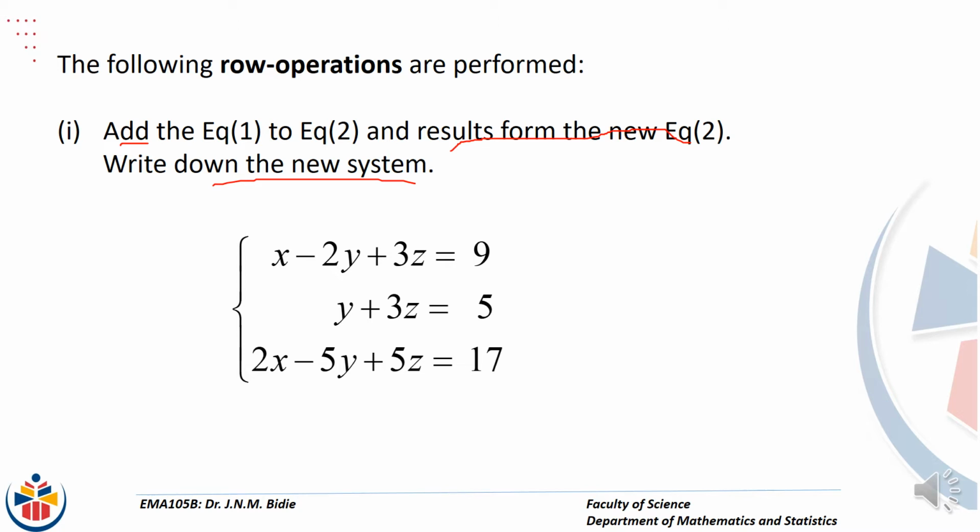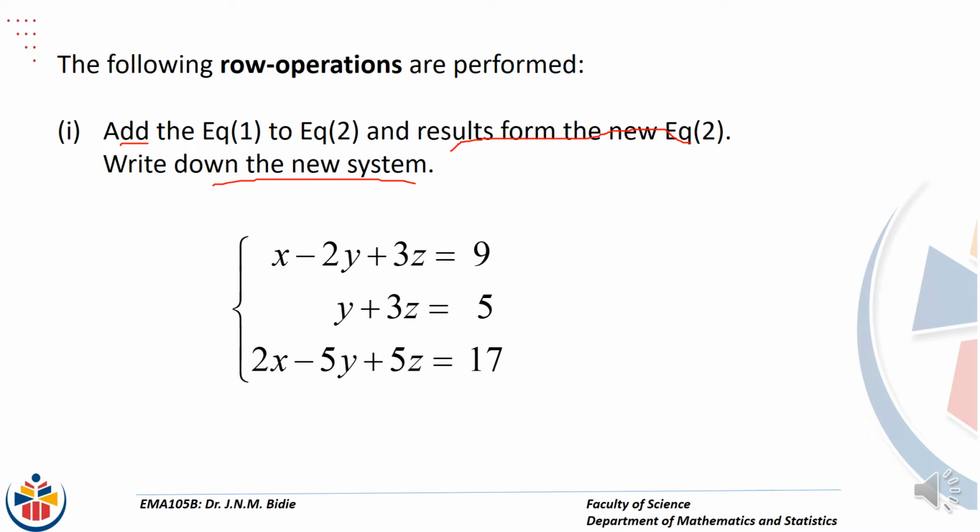We multiply the first equation by -2. Remember, you cannot just multiply -2 to x only; you have to multiply the whole equation. You add your answers to the third equation, and what you get replaces the third equation. It does not change the first equation, but changes the third equation.